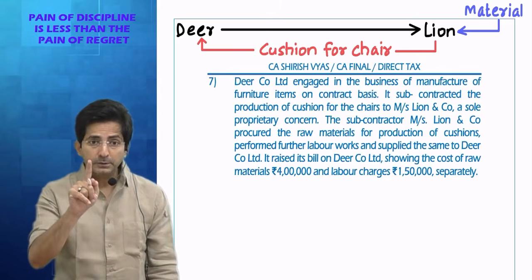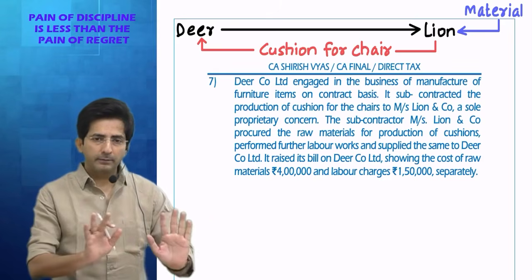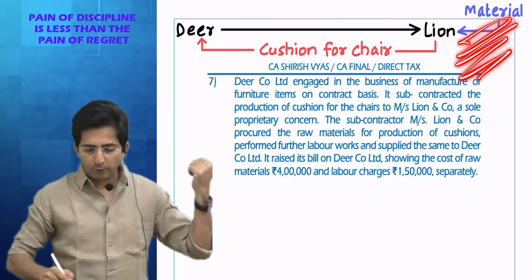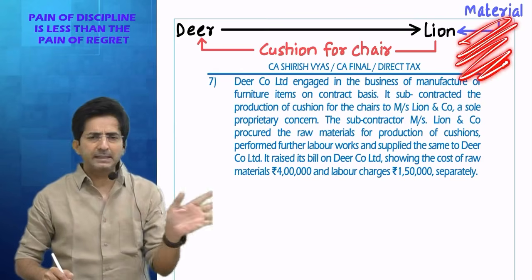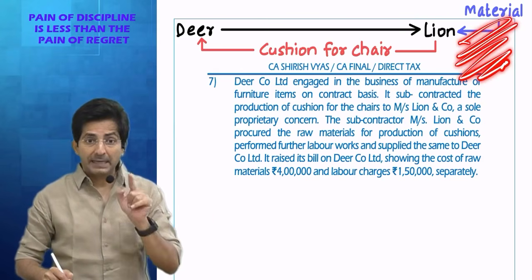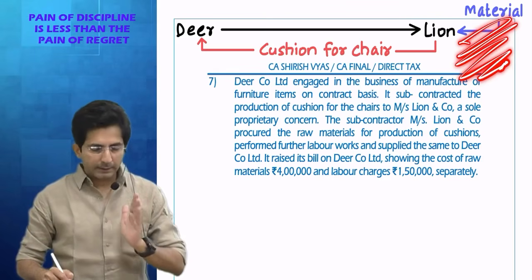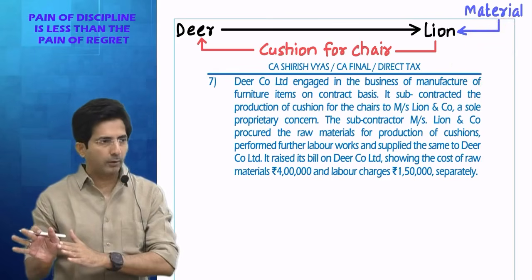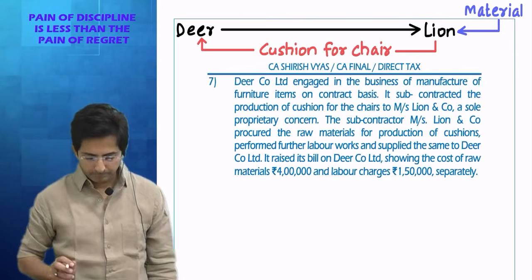But in the institute's exam, when this question came, they treated the material as procured from an outside entity. That's why they didn't treat it as a works contract, and accordingly the ICAI answer is TDS will not apply. But still I advise you, you can write a note if you have assumed that material is taken from Deere only.